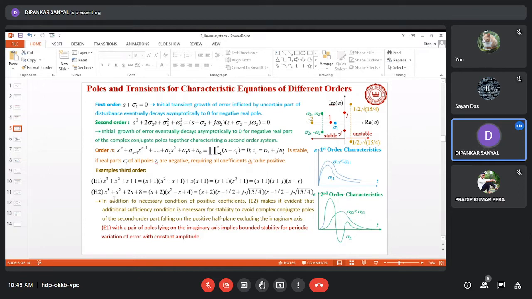But next we have given another example of this type. Only the coefficients of s and the constant term have been changed, and if we group the equation in the same manner, then after factorization the roots appear in this form.